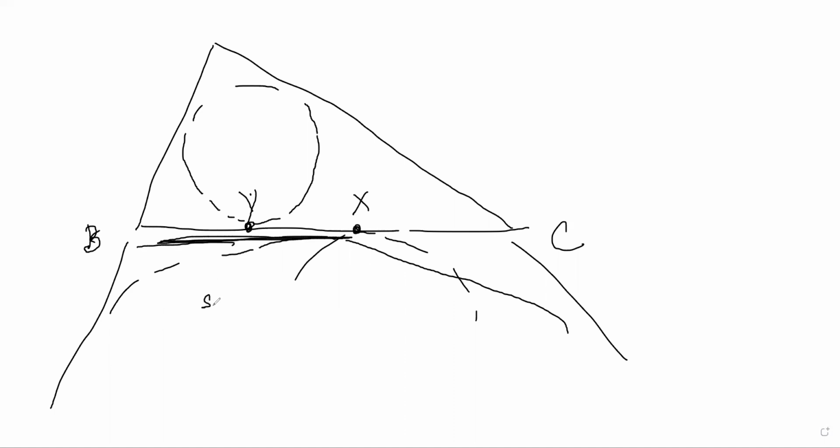Let's say this point is Y, this point is X, this is B and this is C. So the point of tangency of the excircle, this one will be S minus C, and this much will be S minus B because it's opposite to this. This much will be S minus B, and this much would be S minus C.